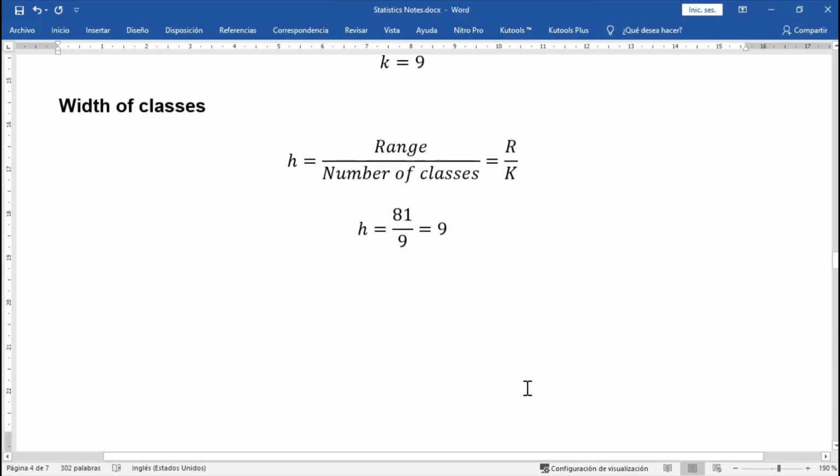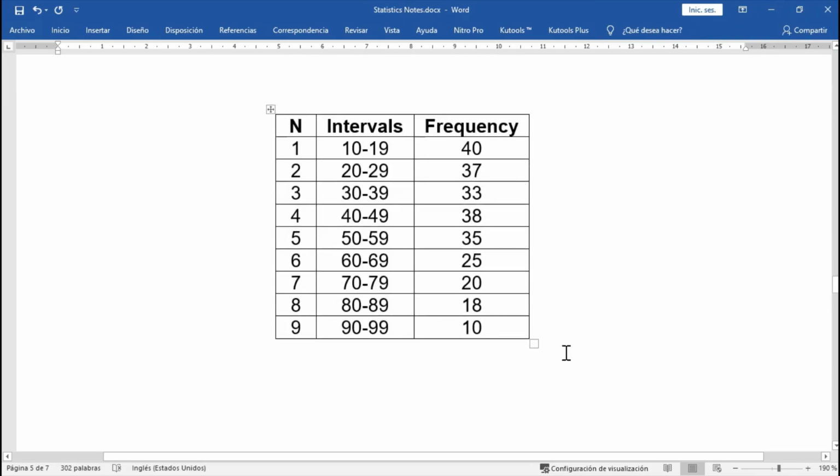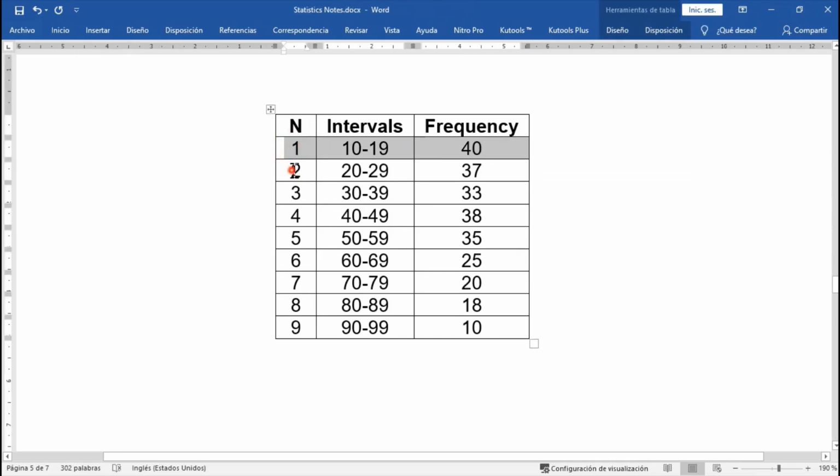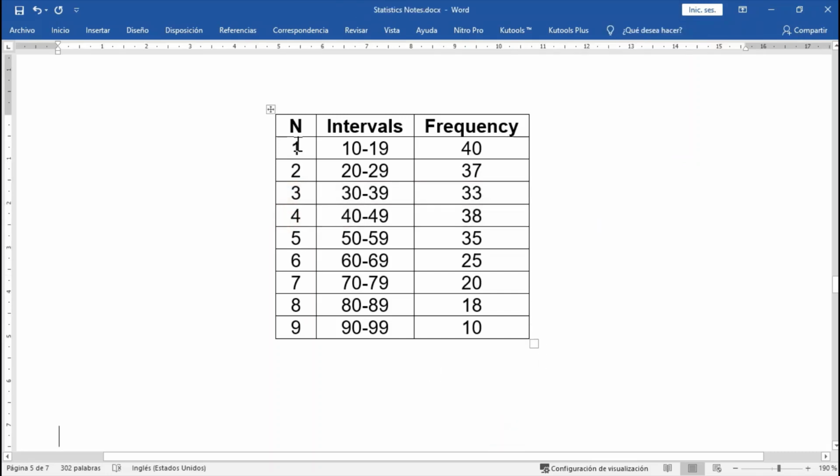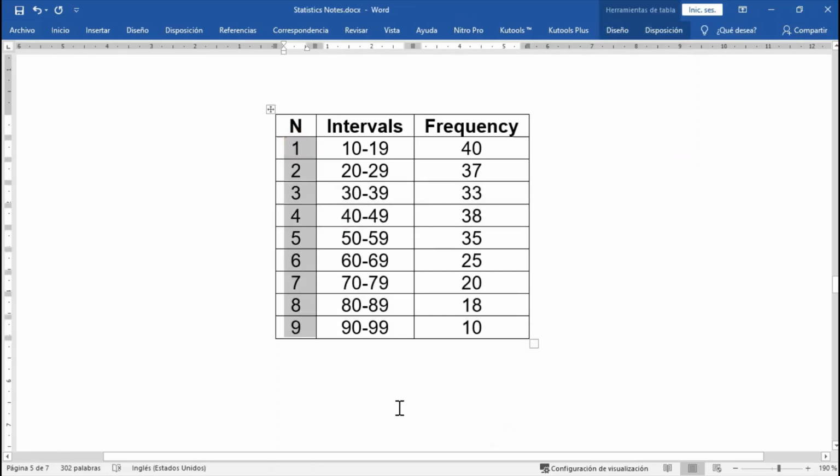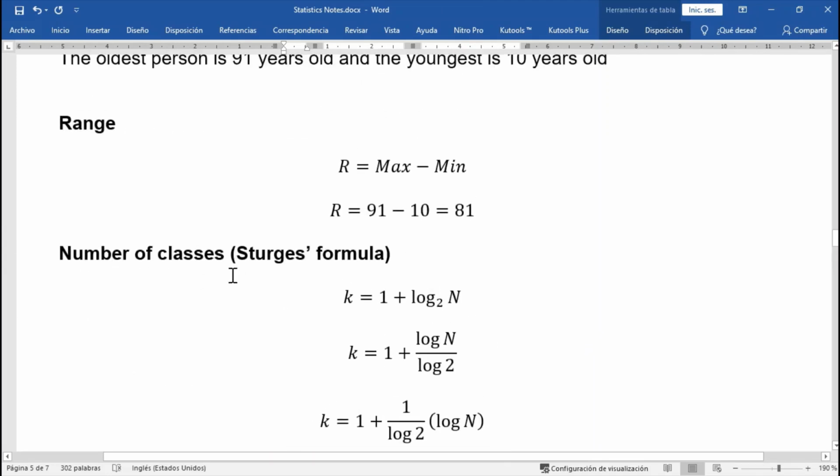Let's check this on the final distribution table. Here you can see the final product. So classes are the number of intervals that we are going to establish for big proportions. In this case, 9 classes, or in other words, 9 intervals. That is the number of classes.